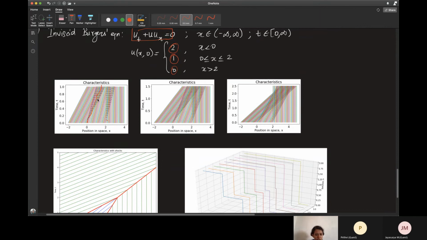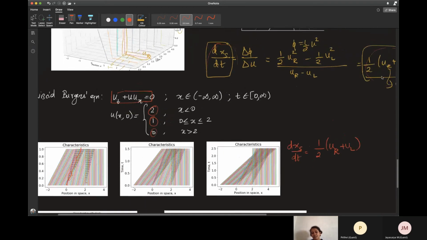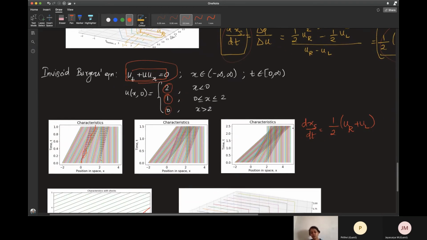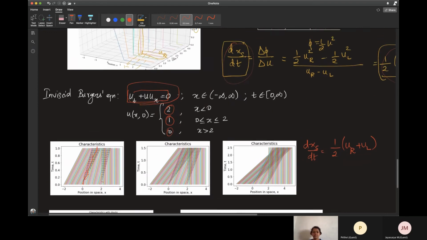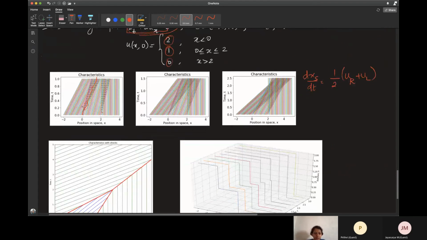Let me just do it for this shock. For the shock over here, dxs by dt is going to be half ur plus ul, which we evaluated earlier. For the Burgers equation, this is the expression. This expression will be different for different kinds of equations. Since the equation is the same as the previous one, I am using the same expression.